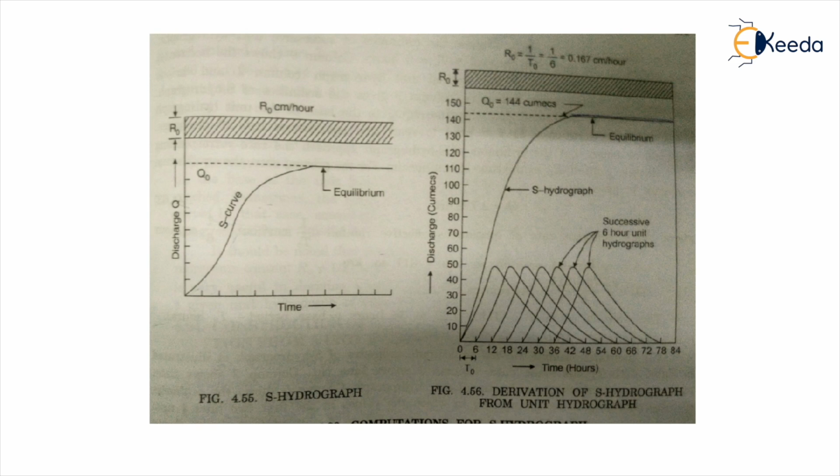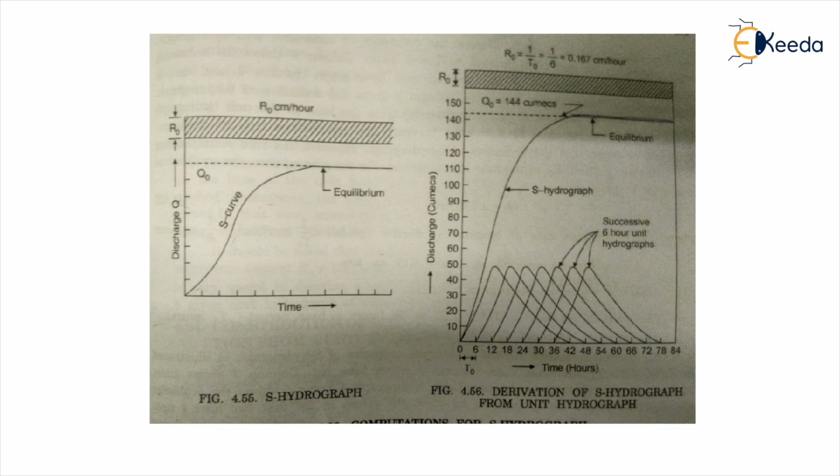By adding together these unit hydrographs, which have a unit time duration, 6R, and are spaced at a unit time duration, the hydrographs will be plotted at equally spaced time intervals.